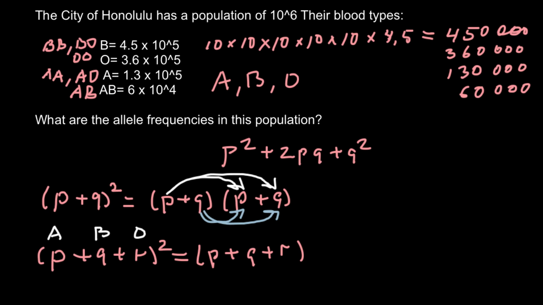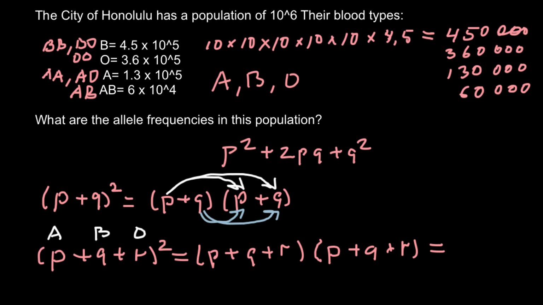So let me proceed. This would be the same as multiplying these alleles once again, and the final formula. This is binomial expansion, and this is trinomial expansion.